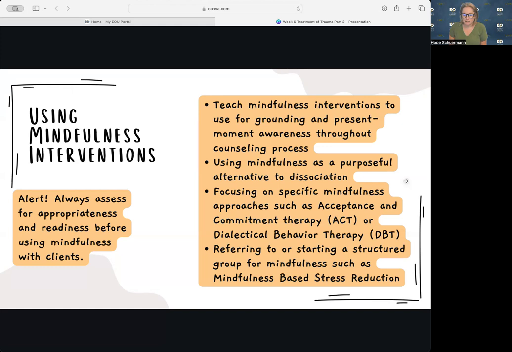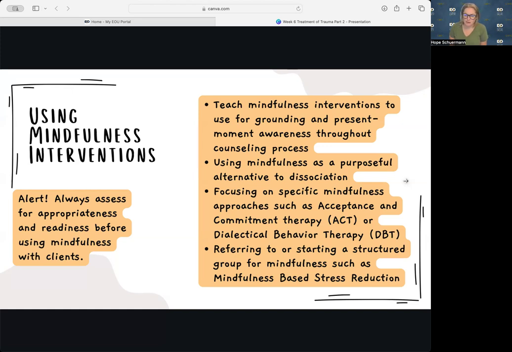And I think that it has a lot of techniques that are concrete, which can be helpful sometimes when people are recovering from trauma, to have those concrete activities to work through in counseling. Or dialectical behavior therapy, which is more behavior-based, and has lots of uses outside of trauma as well, such as eating disorders and addiction. So those are some options if you are interested in furthering your education on specific mindfulness techniques.